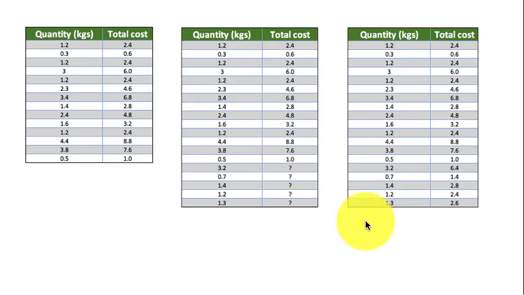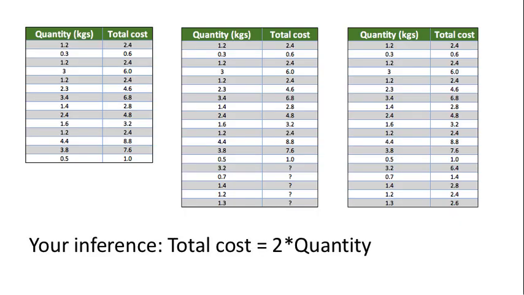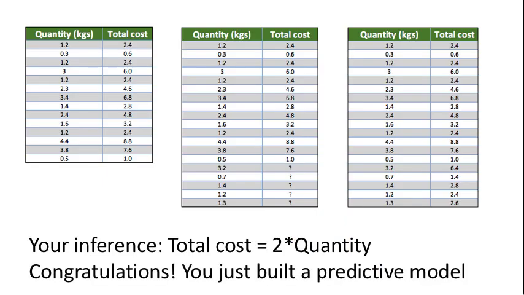Effectively, if you did this, congratulations, you just built your first model. You inferred that the total cost is 2 times the quantity, and therefore you built your first predictive model.